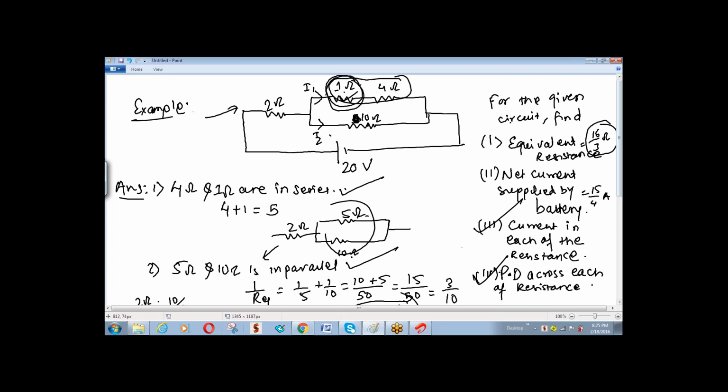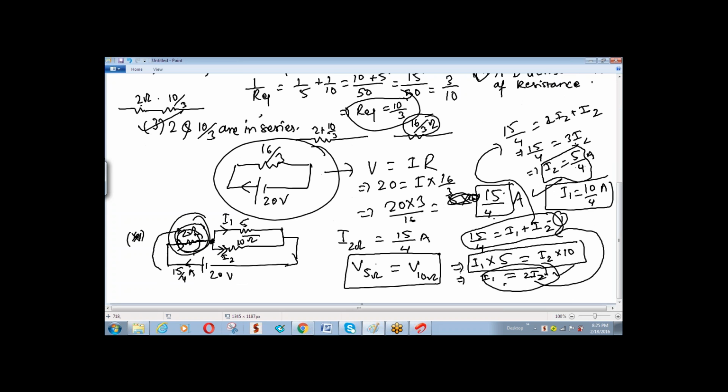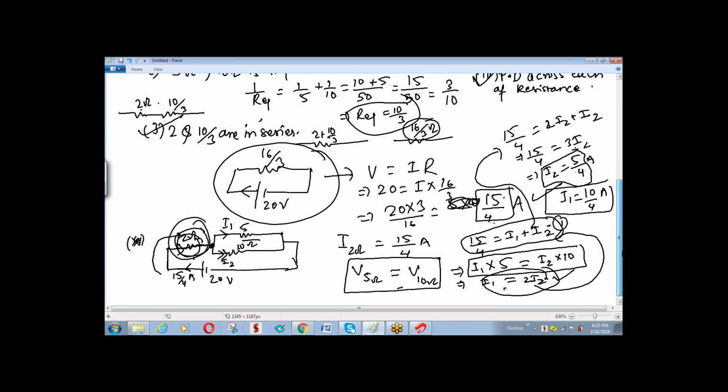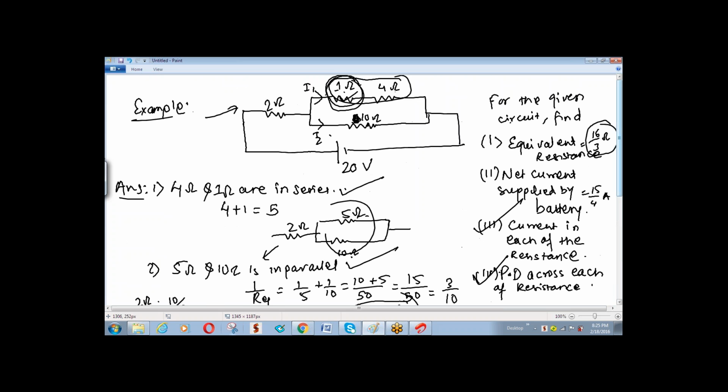It's the same, whatever was through 5, that is I1. Yeah, I1 is 10 by 4. So ultimately 15 by 4 started from here. Till this point it was 15 by 4. In this, 10 by 4 went. Here it is 5 by 4. Right. So you have got information about each one of the resistances, and each one of the currents passing through each resistance.